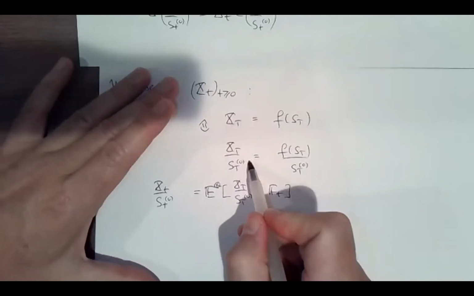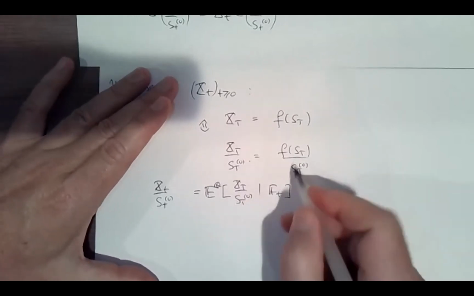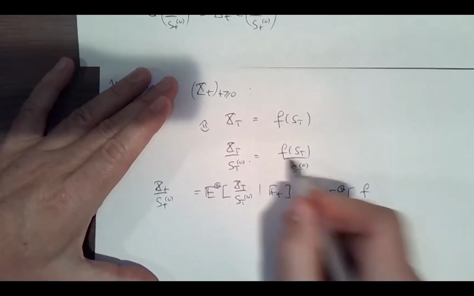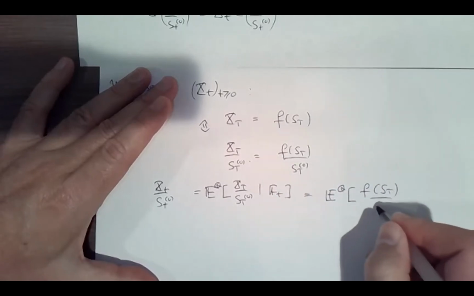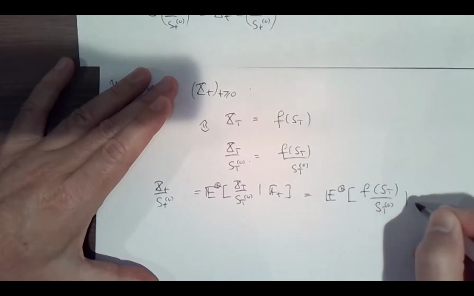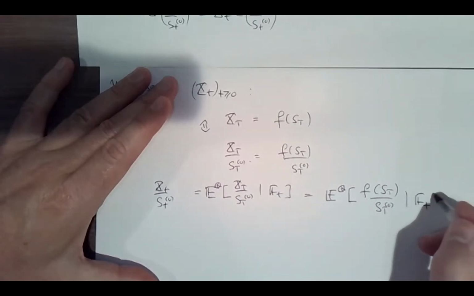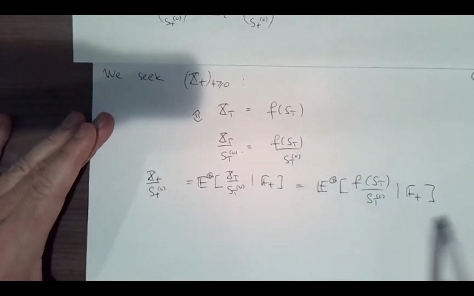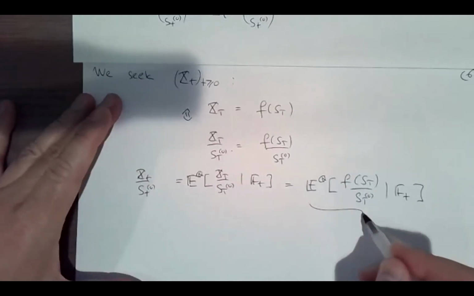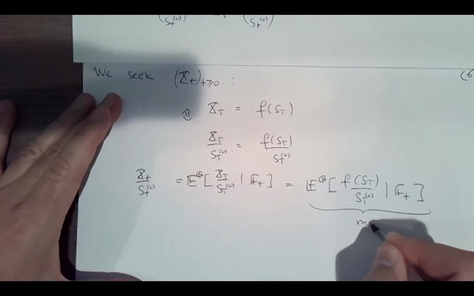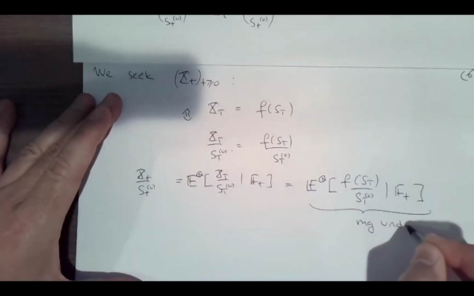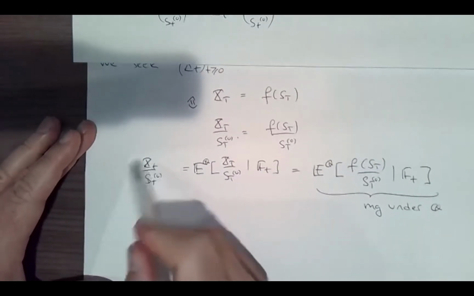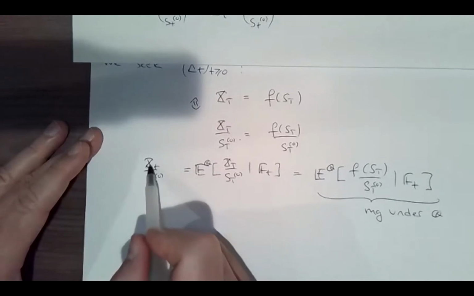This is x little t divided by st0. But of course, if I want that to be true, I plug in what it is. It's st divided by st0 given ft. And so this gives me exactly what the wealth is. On the right-hand side, this is a martingale under Q, and this one here is the discounted wealth.